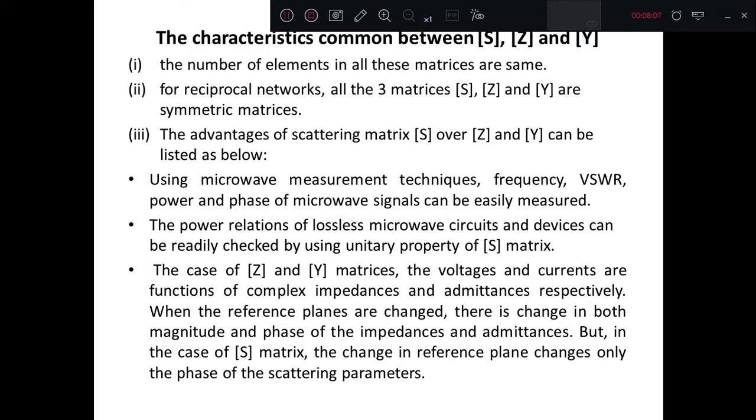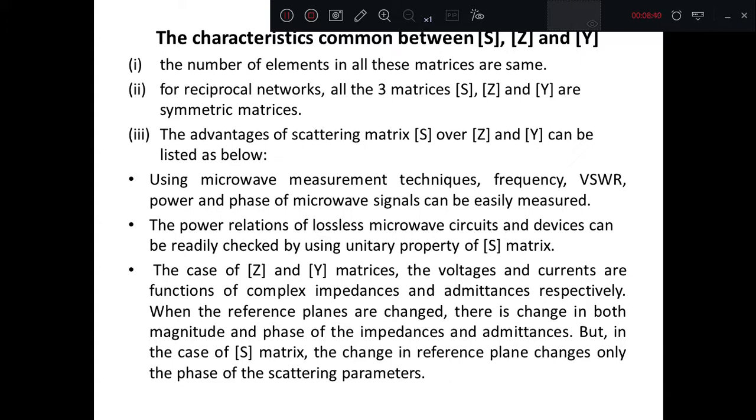Please remember, in Z and Y matrices, whenever there is a change in the reference plane, that changes both magnitude as well as phase of the complex impedance and admittance.